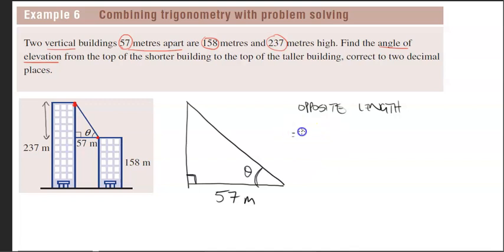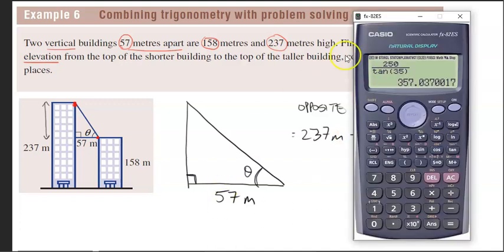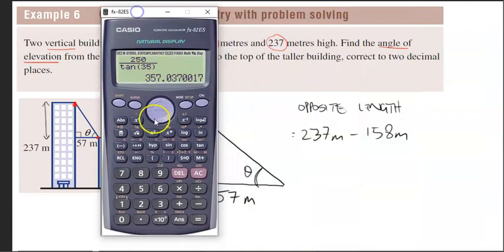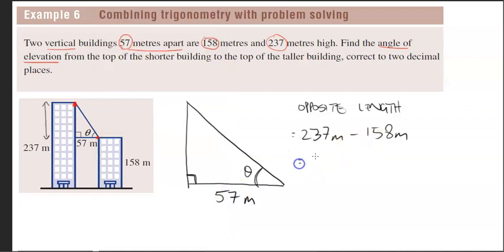This is equal to 237 meters take away 158 meters. I don't trust my maths right now, late at night, so I'm going to use the calculator. 237 take away 158. This is 79. So this missing link is 79 meters. Alright, we can go ahead and label this accordingly.